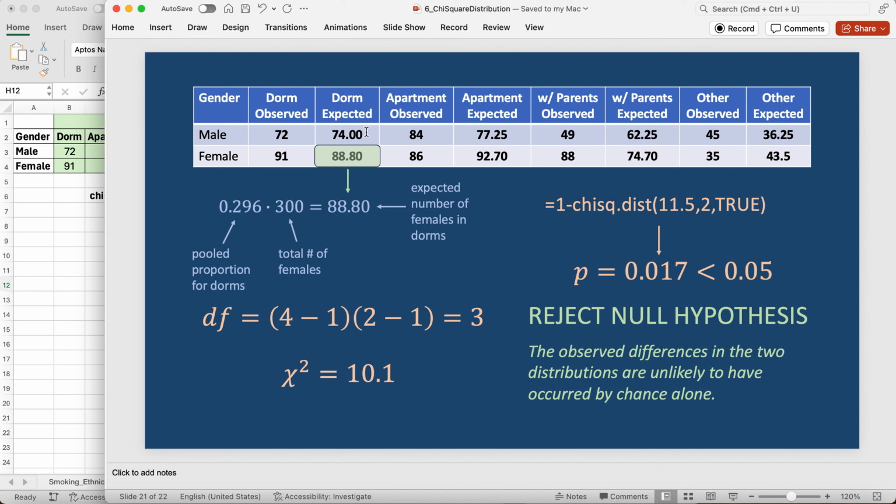So we expect 88.8 females. Obviously can't have 0.8, but the numbers don't know that they need to be whole numbers of people. And so that's our expected value that we compare to. And do the same thing in each category to get all these other expected values that we can then compare with the observed. Once you have the observed and expected, the analysis is the same as before.